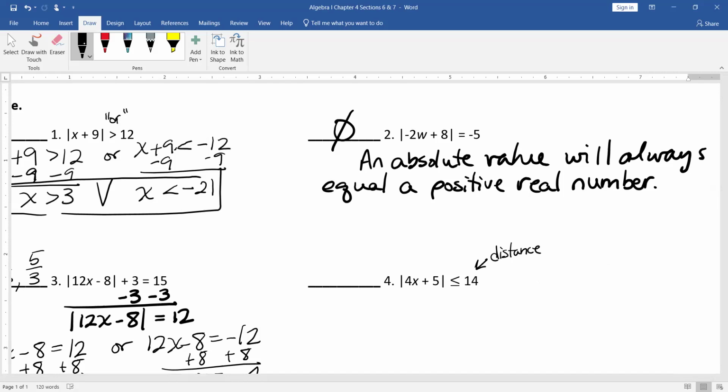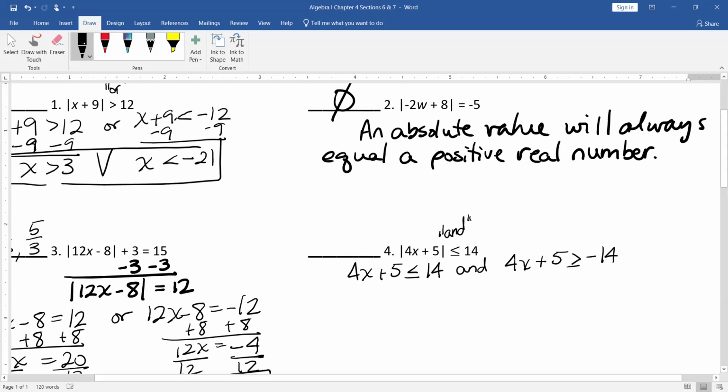Okay, so this is an and statement, and it's a conjunction. So this is 4x plus 5 is less than or equal to 14, and 4x plus 5 is greater than or equal to negative 14.